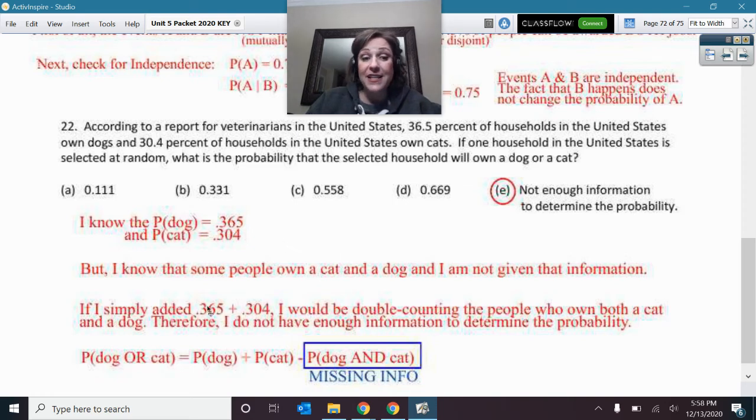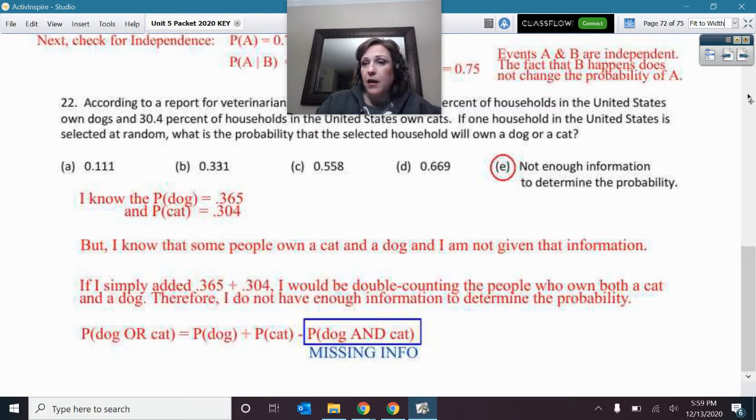So if I just added the 0.365 plus the 0.304, those households that own a cat and a dog would get double counted. They would be in the dog total and in the cat total. Since they do not give me the information to subtract away the part that gets double counted, I do not have enough information for this.